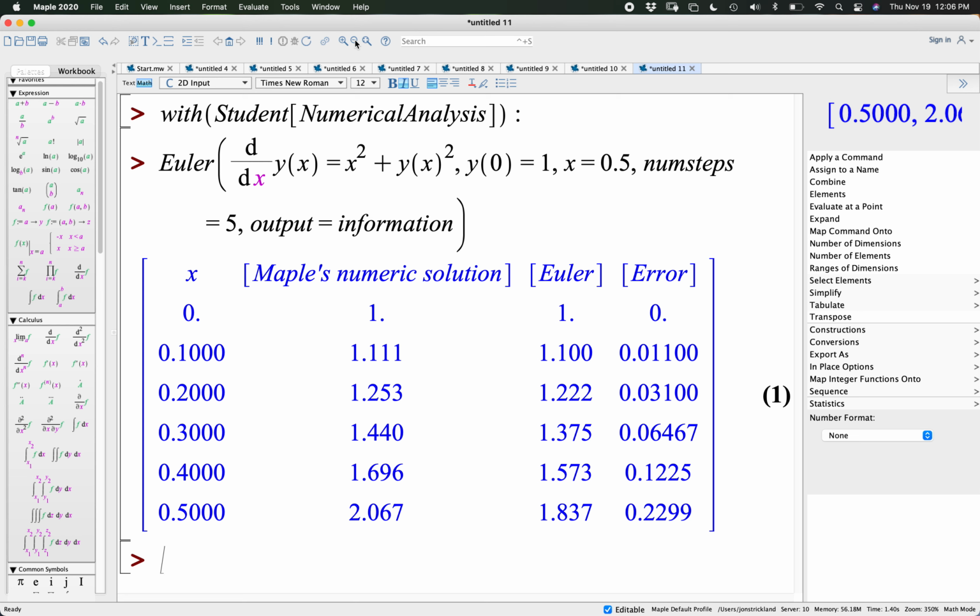So you have going from x equals 0 to x at 0.5 with the Euler. Your Maple numeric solution is right at 2.067. This is the Euler result, and this is the error, say 0.2299.